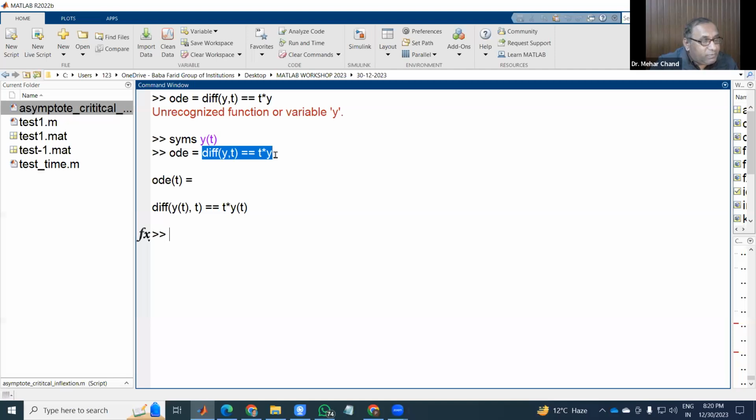This entire differential equation has been stored in ODE. When you enter, this will return the value. If you use a semicolon in this way, it will not return the value. While writing a program, we always use a semicolon.